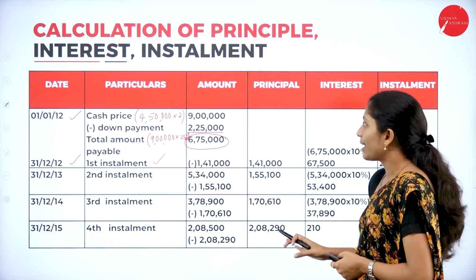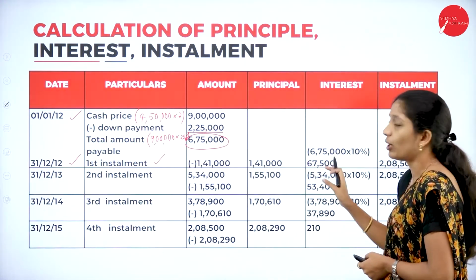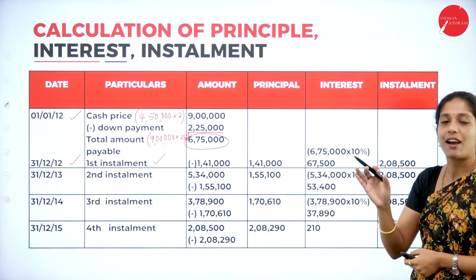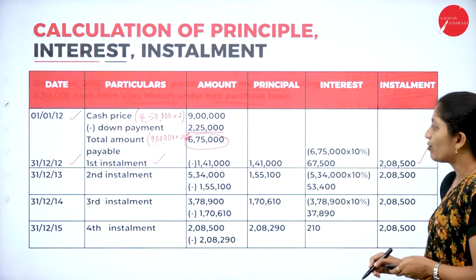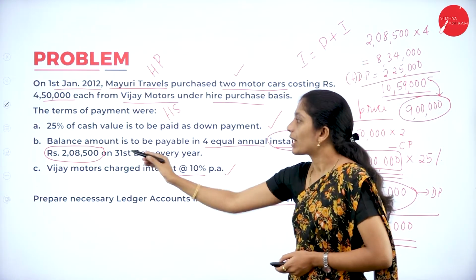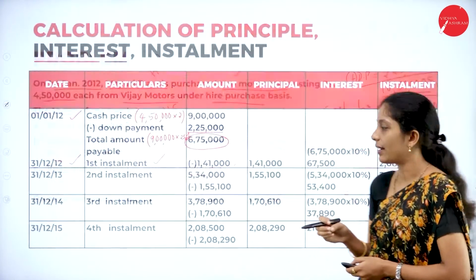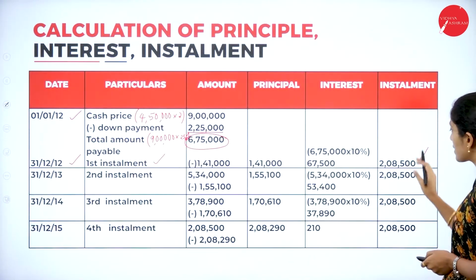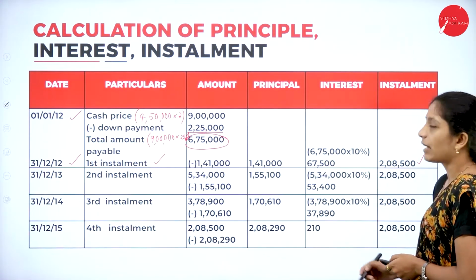Now here, we cannot record all this before writing the installment, because they have directly given the installment amount, 2,08,500 every year. So write the installment first. It is 2,08,500. Now calculate interest.